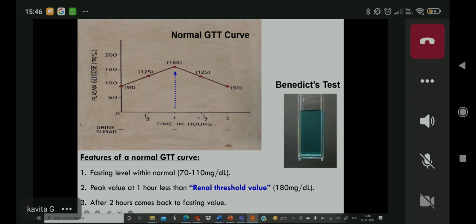There's never glucose in the urine. On the contrary, if we look at the plasma glucose level, this rise is because of the glucose load you gave, then it comes down right to 90. So the peak value is at 1 hour, but at the peak it is below the renal threshold value. And look at the Benedict's, nothing.